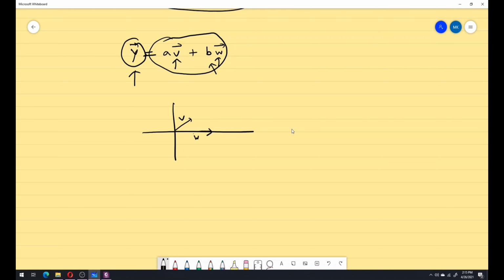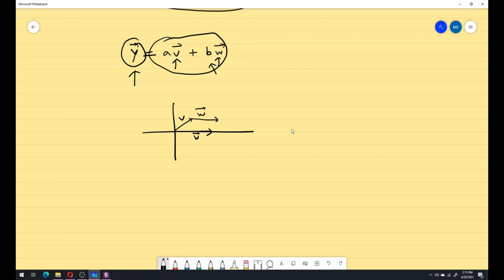Now if you want to add these two vectors, then as I said, from the tip of the first vector, let's draw the second vector. So this is adding these two vectors v and w.